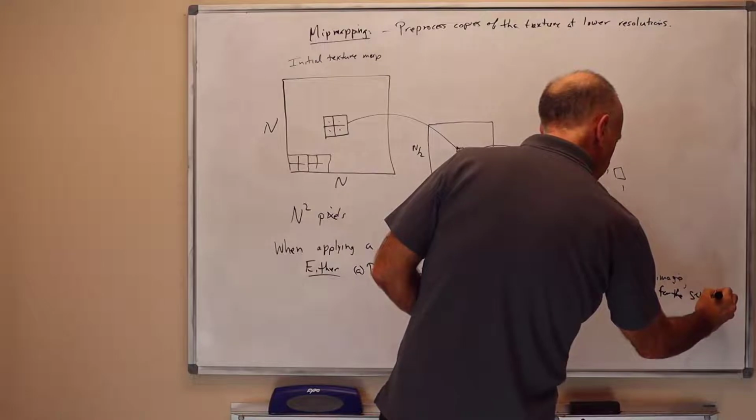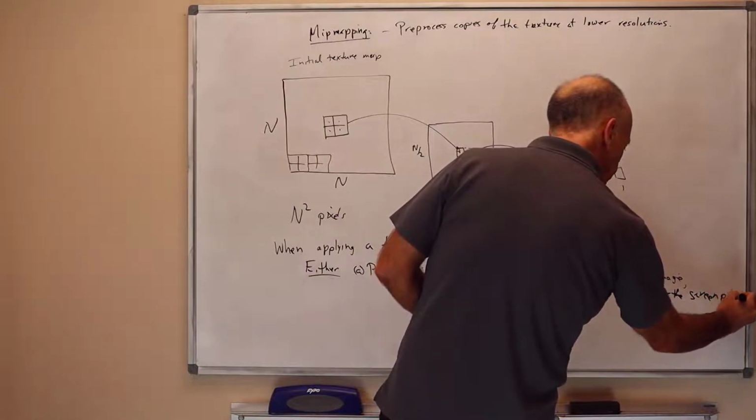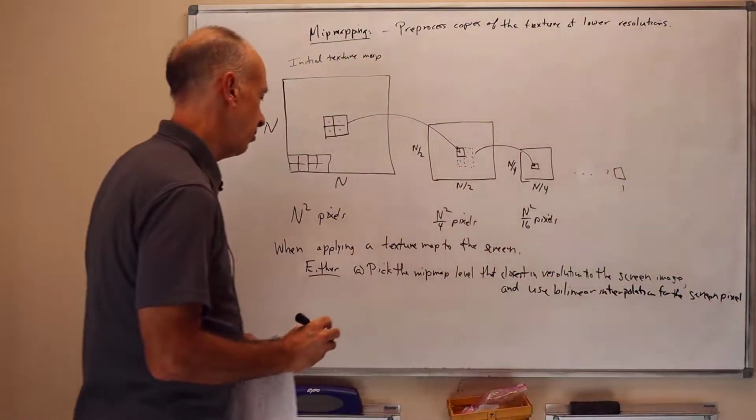But now it's using bilinear interpolation just on the mipmap level that's closest to that of the screen.